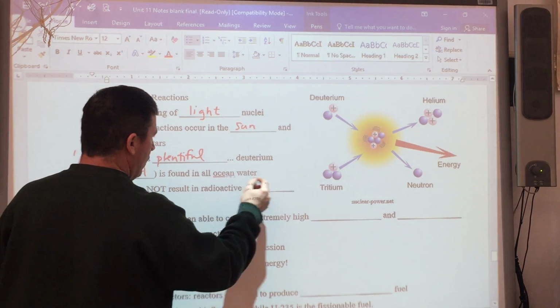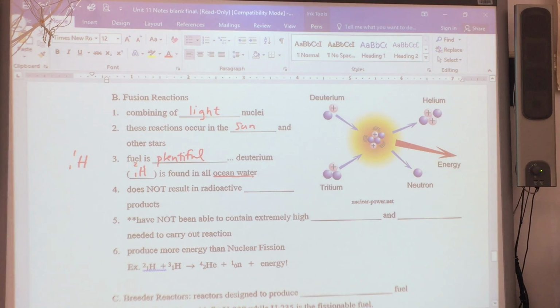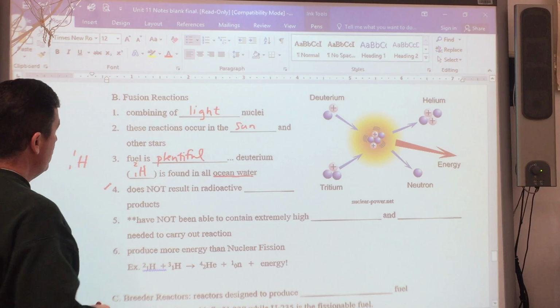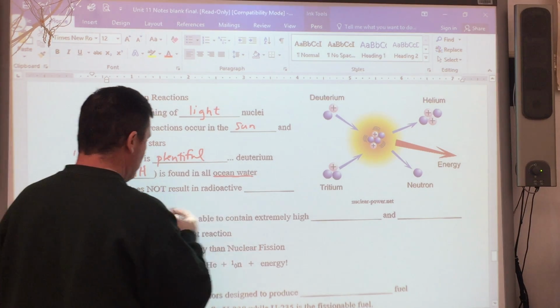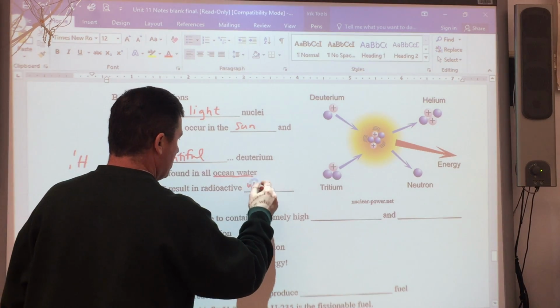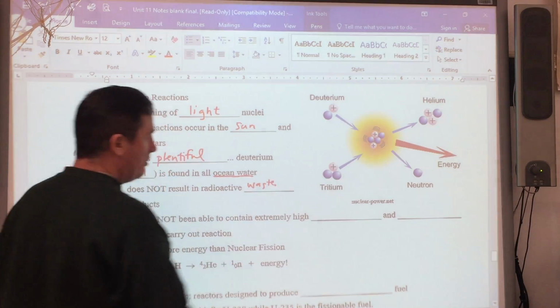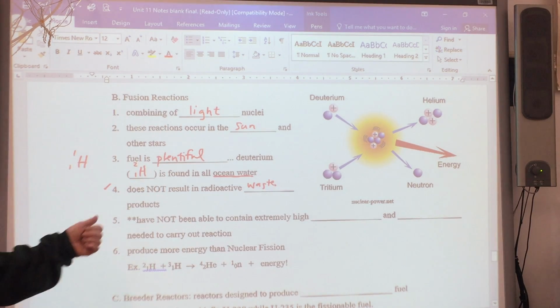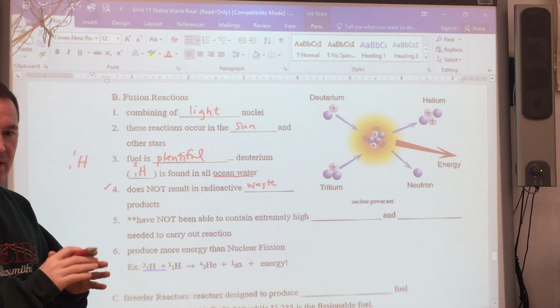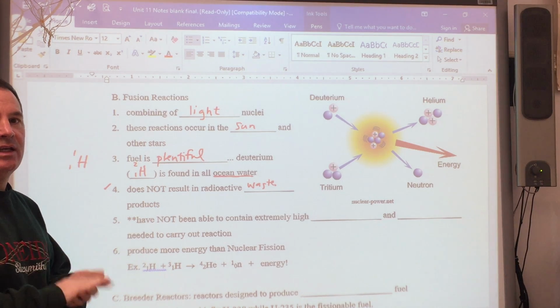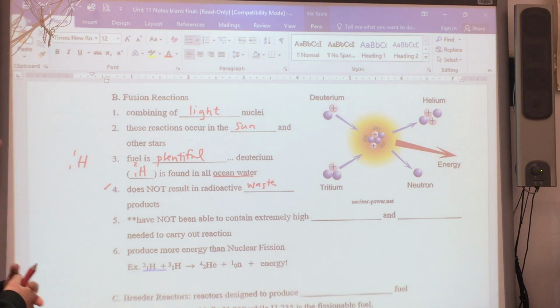So it's found in all ocean water. There's plenty of it. A big advantage for nuclear fusion is it does not result in radioactive waste products. So there are waste products at first that are radioactive, but almost immediately they will become non-radioactive. Okay?